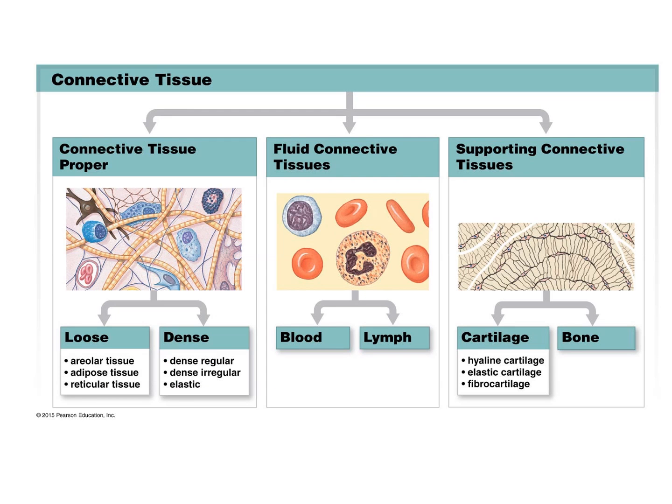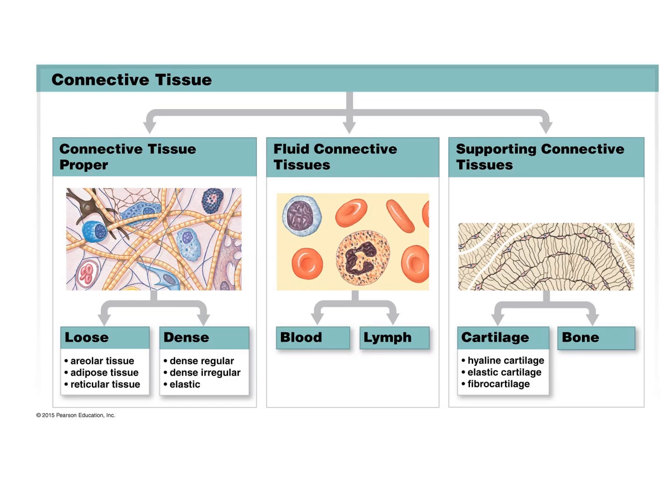And here's the different types of connective tissue. Connective tissue proper, which can be further subdivided into loose or dense, fluid connective tissue, and supporting connective tissue. The major functions of connective tissue are binding and support, protection, insulation, and transportation.